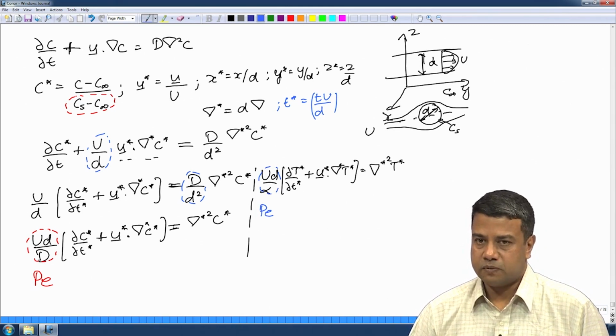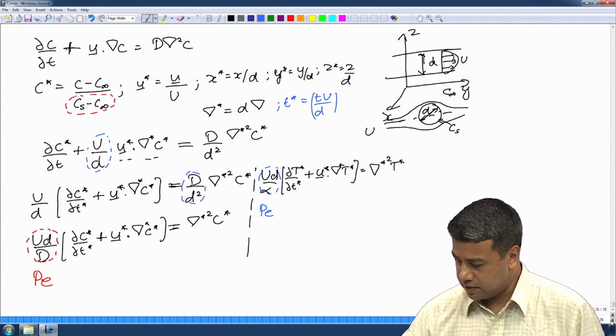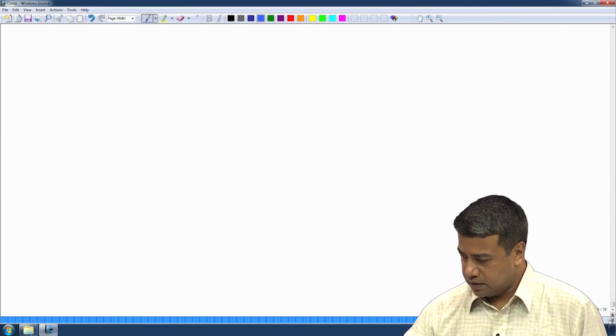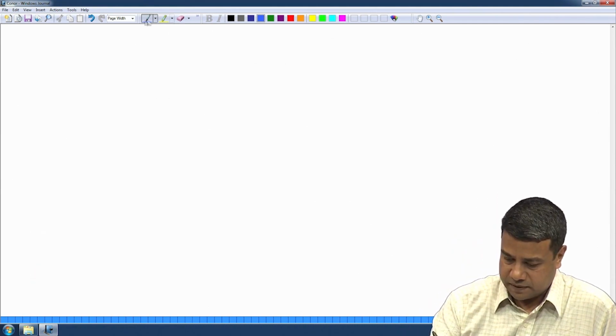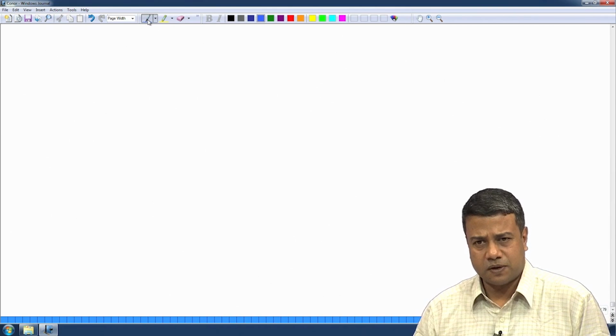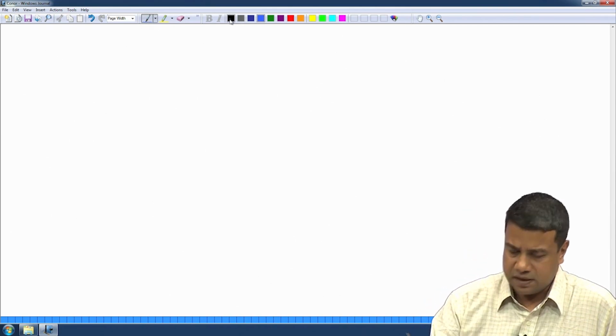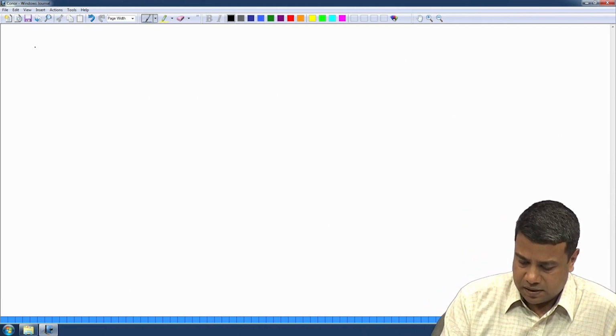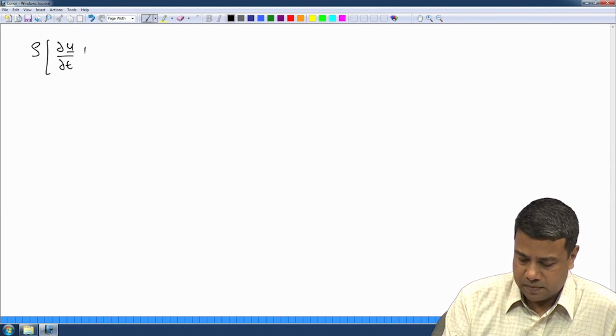And I could do the same for momentum transfer. In this case, the only variable that I have is the velocity. The equation is slightly more complicated, but you can scale it nevertheless. The equation is rho into partial u by partial t plus u dot grad u.